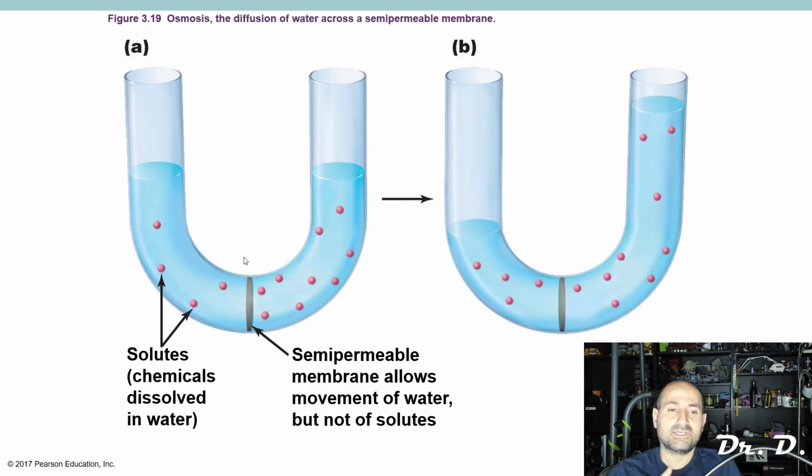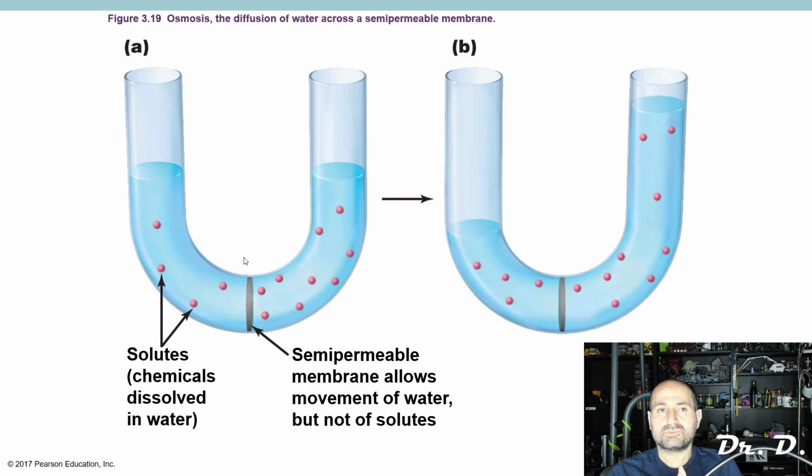Okay, did you follow that? So a substance will diffuse from where that substance is high concentration to where that substance is low concentration. Now, you have to pay attention to what is doing the diffusion. In osmosis problems like this, what's moving?